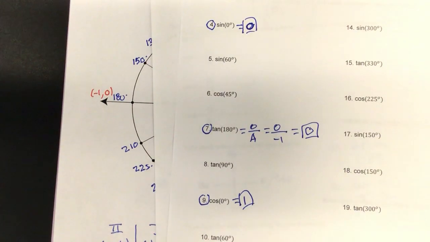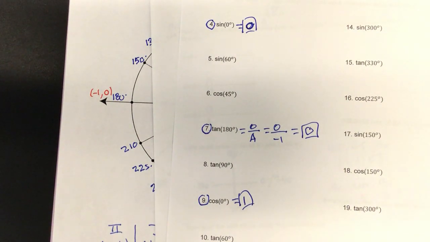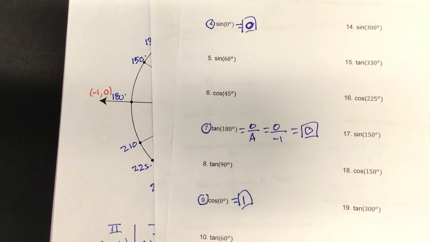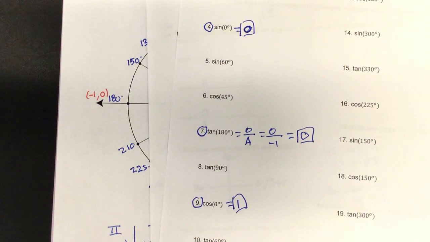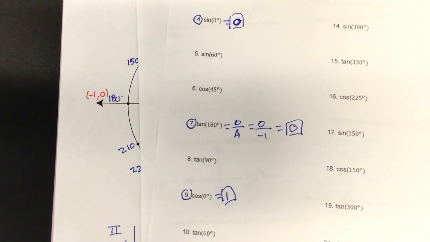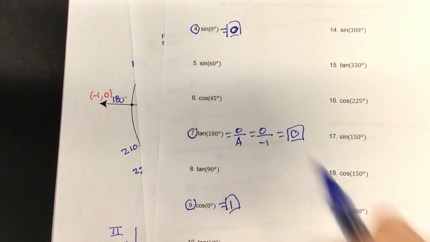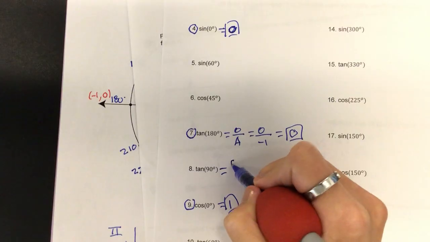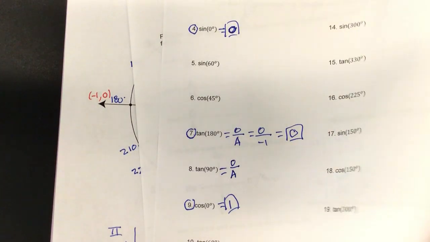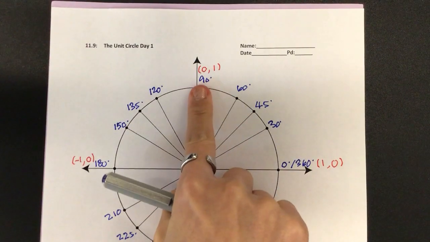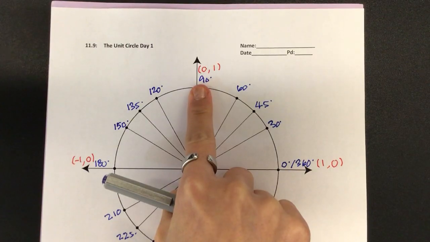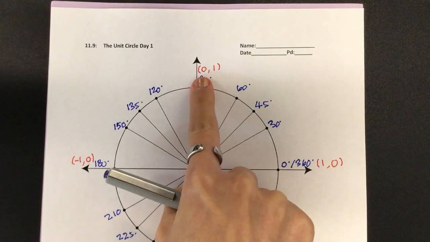This might sound a little confusing only because it's brand new, and that is okay. Let your brain kind of process. Is there another one that's on the quadrantal? Anyone see tangent of 90? So tangent of 90. So tangent is opposite over adjacent. So everyone go to 90 degrees. At 90 degrees, what value is my opposite? 1. What value is my adjacent? 0.